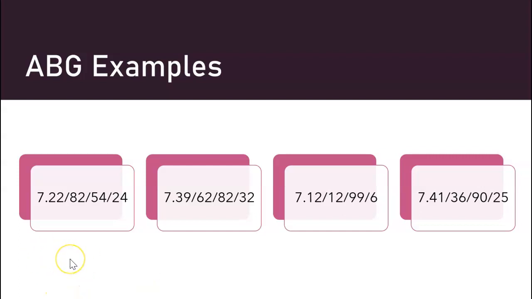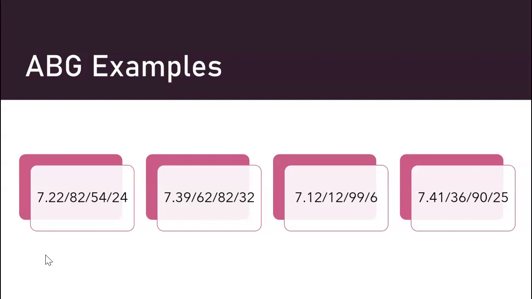So this first one, let's look at our pH. We have a 7.22 pH. All right, so we know we are acidotic. That means either we are having a high CO2 or we are having a low bicarb issue. Let's take a look.